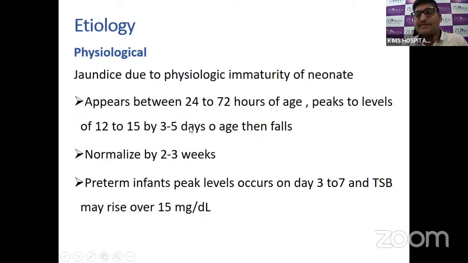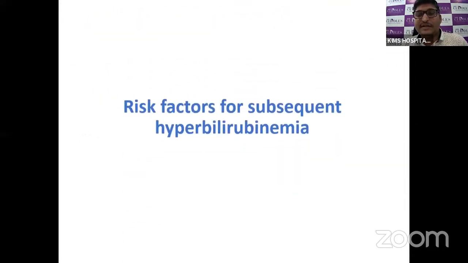When the bilirubin increases above these levels, then we have to look for other risk factors as well. Physiological jaundice can become exaggerated by certain risk factors.